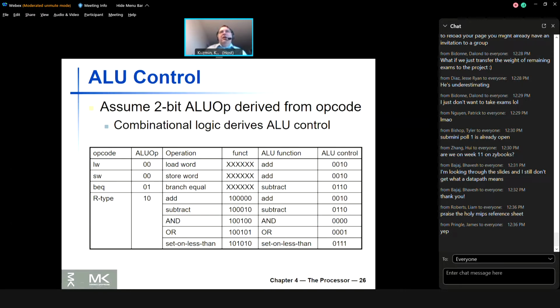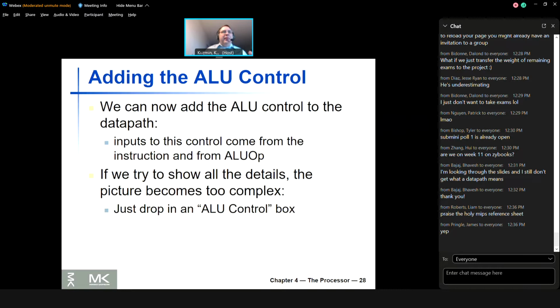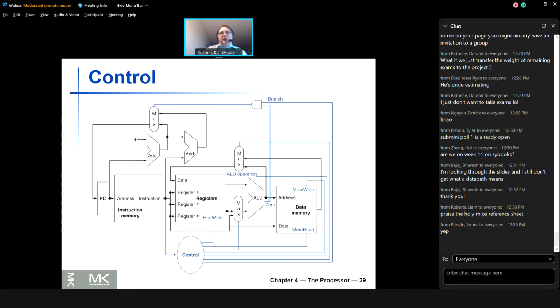Because it's just some transformation of the codes derived from the instruction, from opcode and funct, and potentially other fields, we can hide the complexity of that combinational circuit by representing it as a black box, which we call ALU control, or just control. We can combine it with the rest of the circuits that generate control signals, and just call it control, like here. This diagram we already talked about before.